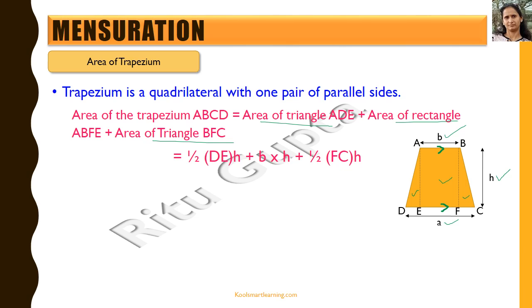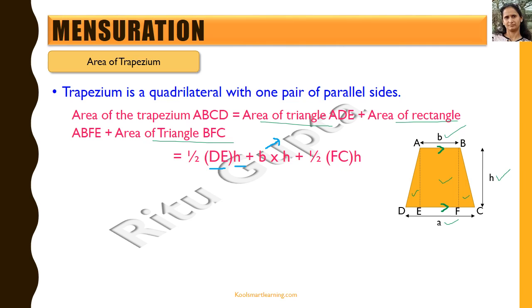Now let's first see what will be the area of the triangle ADE. This will be equal to half into DE into H, which is the height. Area of this rectangle will be B into H, where B is nothing but EF.